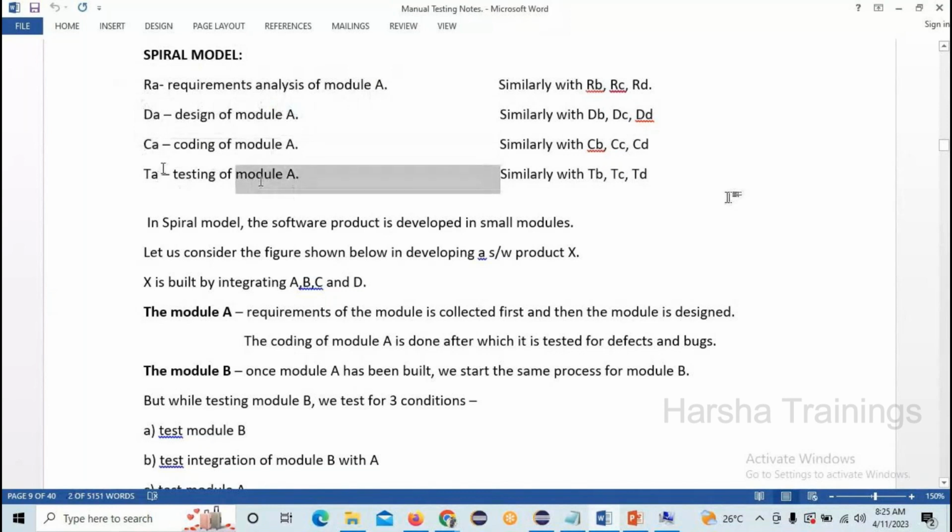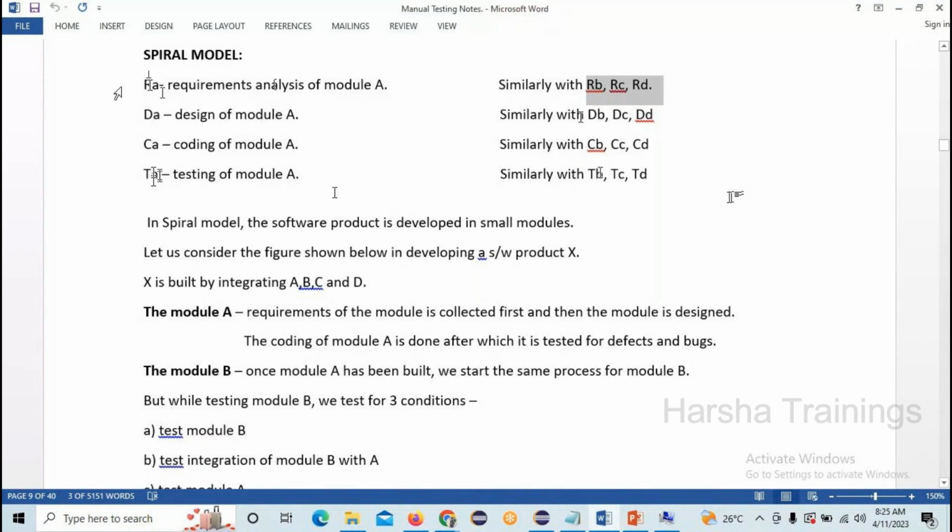In a similar way for module B: RB, DB, CB, TB. For module C: RC, DC, CC, TC. For module D: RD, DD, CD, TD.